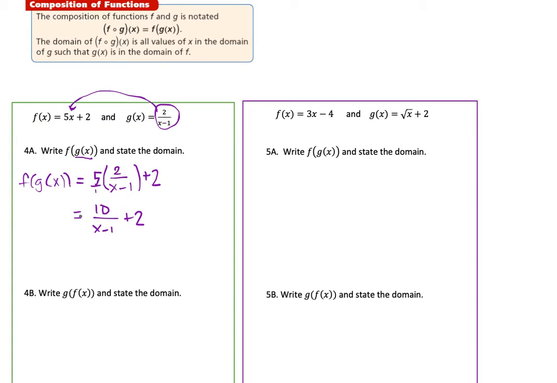I don't really need to simplify that any further. The last thing I need to do is state the domain. The domain is anything that x cannot be, which is just 1, because the denominator would be 0.